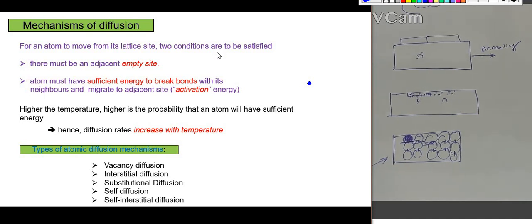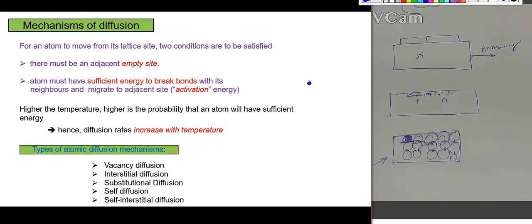Next we are going to discuss the mechanism of diffusion, that is, how this atomic movement takes place inside the crystal. For an atom to move from its lattice point, two conditions must be satisfied. First, there should be an empty site, because the atom leaving its lattice point has to occupy another space.